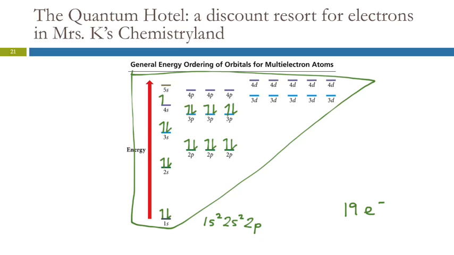How many are in the 2p room? 6. And then next is 3s, there's 2 in there. And then 3p, there's 6 in there. And then how many in 4s? Just 1. This is a place where we do write the 1. So that's the electron configuration for potassium.